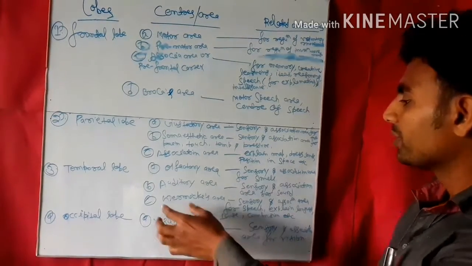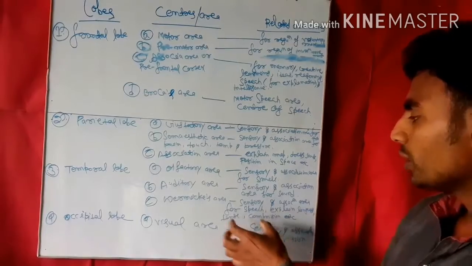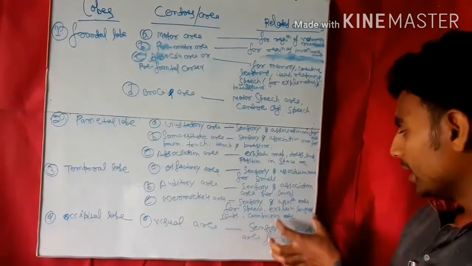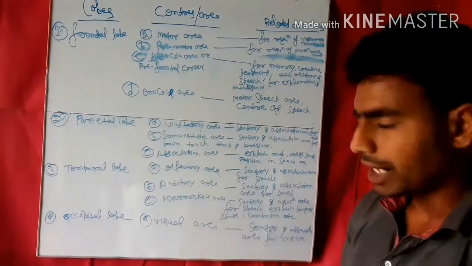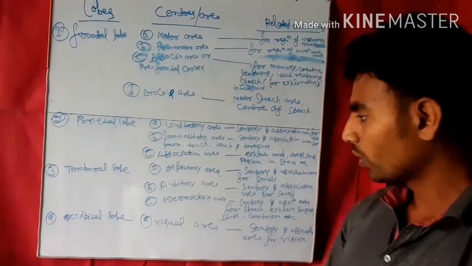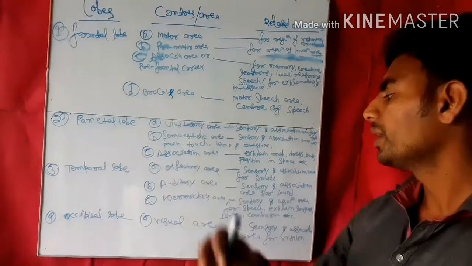Okay, this Wernicke's area is the sensory and association area for speech, explaining language, tense and comparison. These all activities are controlled by the Wernicke's area.